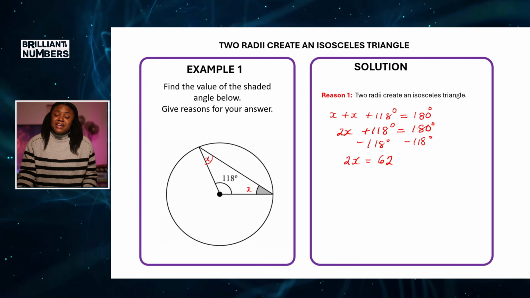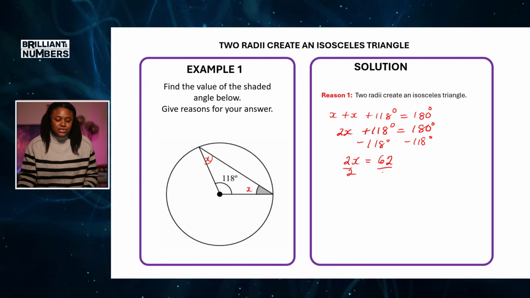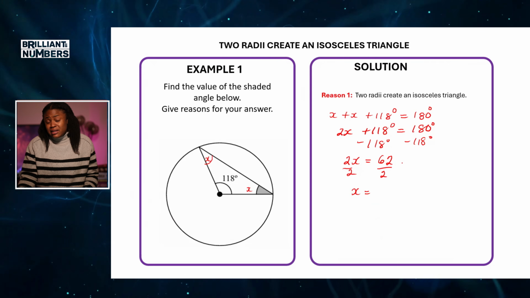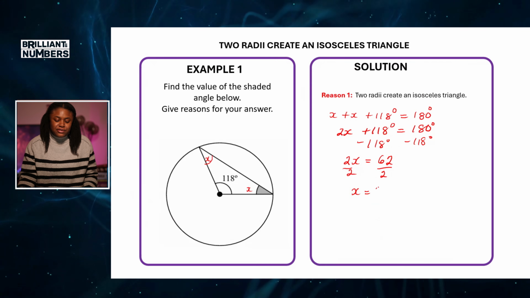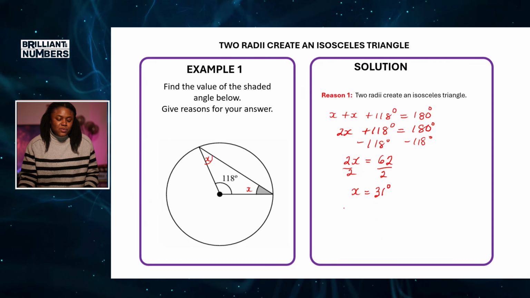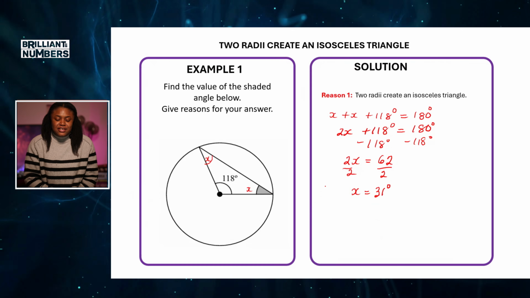So that means to find the value of x, I just need to divide both sides by 2. So x then will be equal to 62 divided by 2. I like to break my things apart, so I say 6 divided by 2 is 3, and 2 divided by 2 is 1. So I know that one angle, my shaded angle then, is equal to 31 degrees.